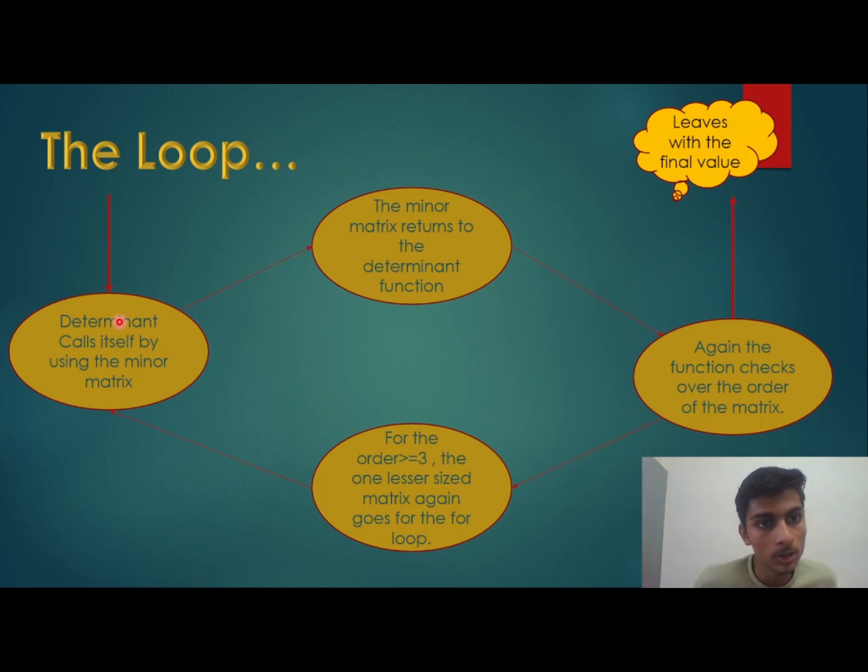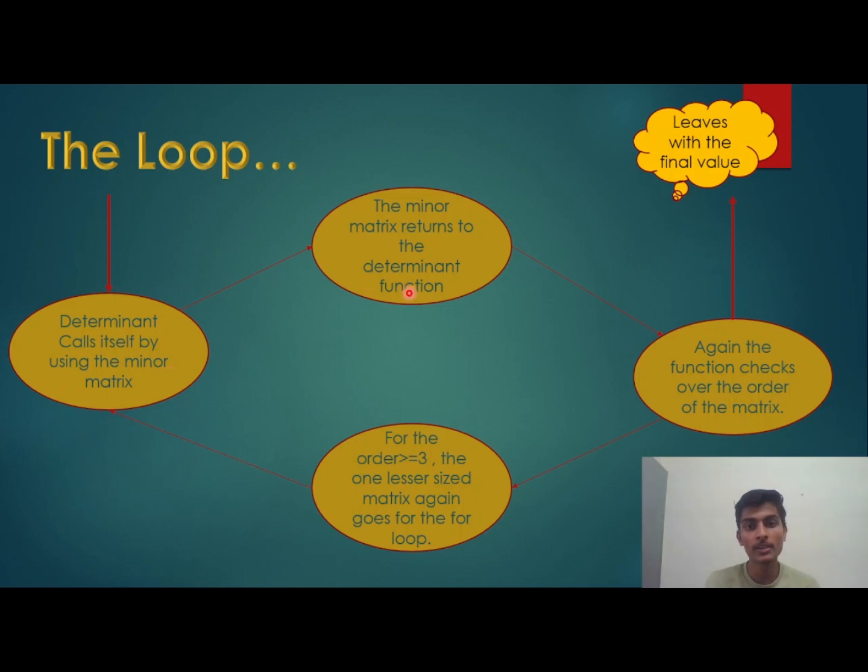So now how the loop is working, finally we are calling the determinant function and feeding it n and matrix, and for n equal to 1 or equal to 2, this case is simple, but for higher cases the determinant will again call itself by using some minor matrix.